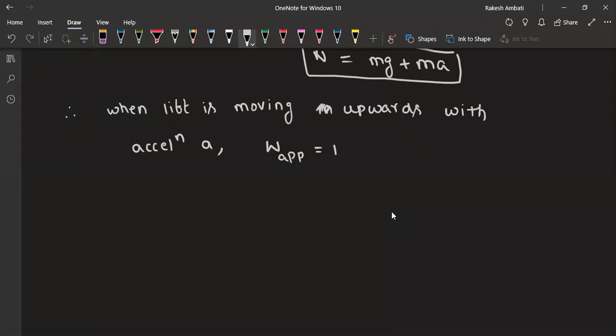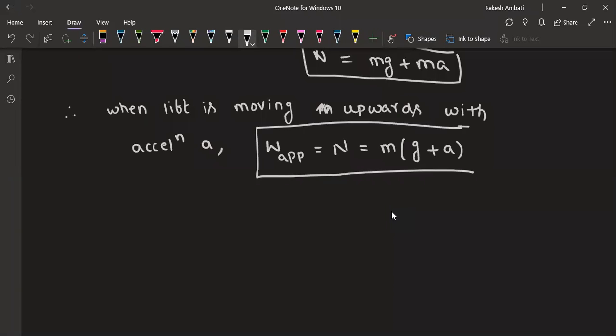It is nothing but the normal force. What is the formula we have? That is m into (g plus a). So when the lift is moving upwards with acceleration a, this gives the normal force acting on the man, or the apparent weight of the man.